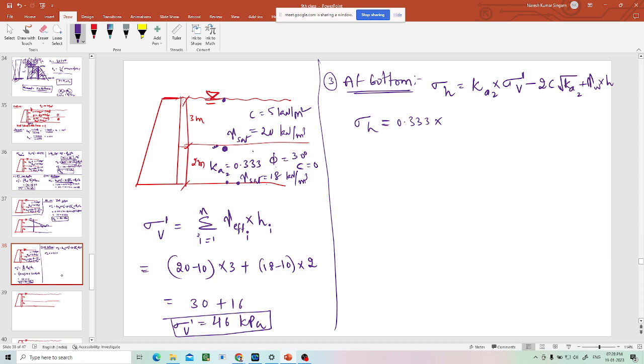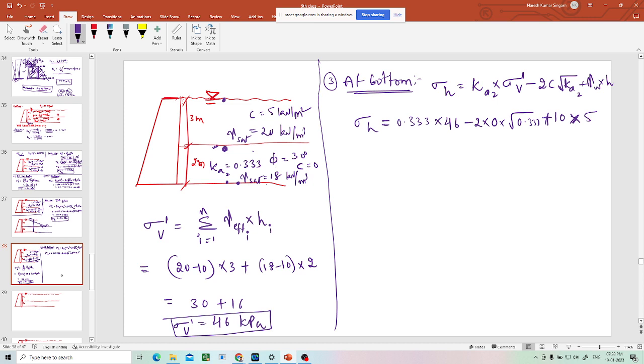Just put that, sigma v dash is 46, minus 2 into what is the c value in the second layer, because bottom is in the second layer. C value is 0 now. Ka is 0.333, plus gamma w 10 multiplied by h, which is 5 now, right? What is the height at the bottom? Total height, you have to calculate total.